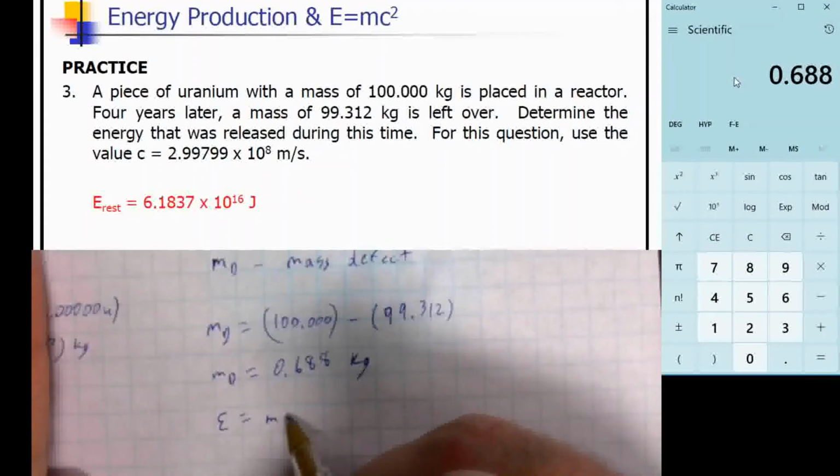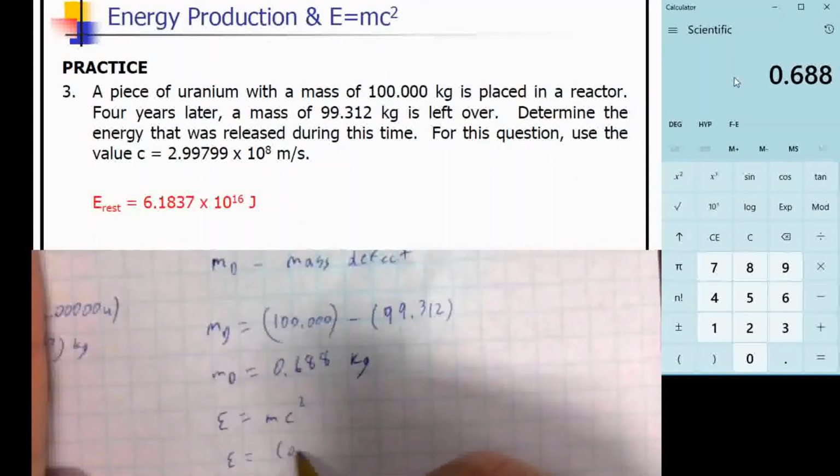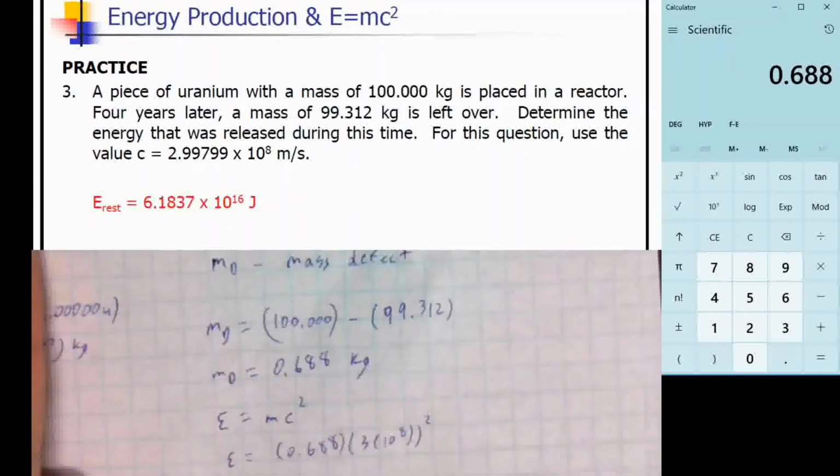So this is our mc squared. So 0.688 times 3 times 10 to the 8 squared. So if I take this value and multiply it by 9 times 10 to the power of 16, which is what our c squared is equal to, I'm left with, oh, you know what, I'm sorry, I should use the more accurate value.